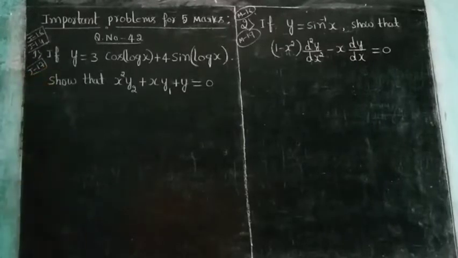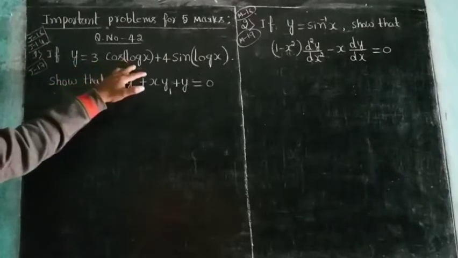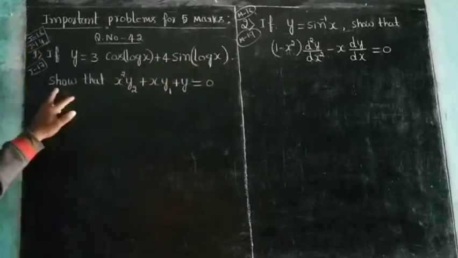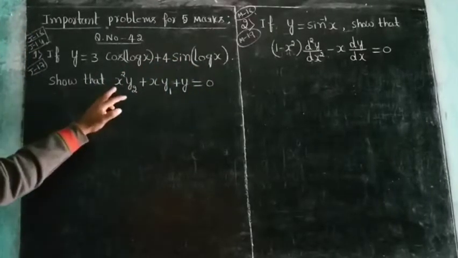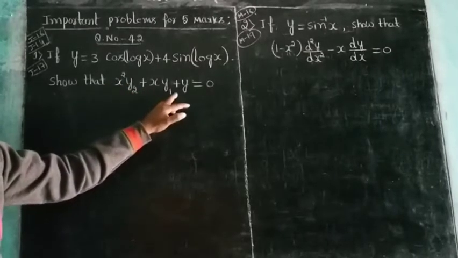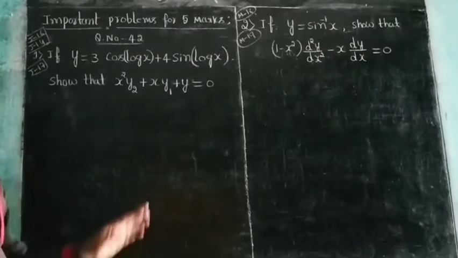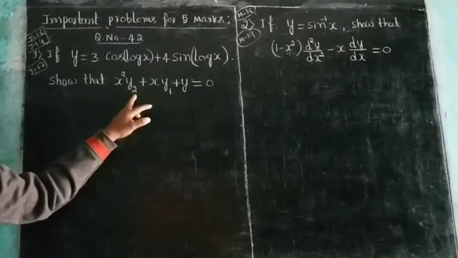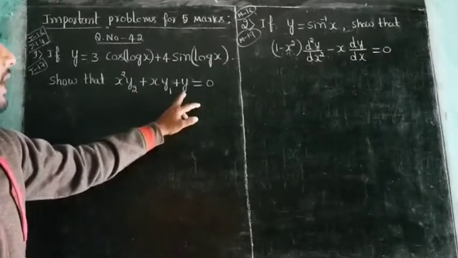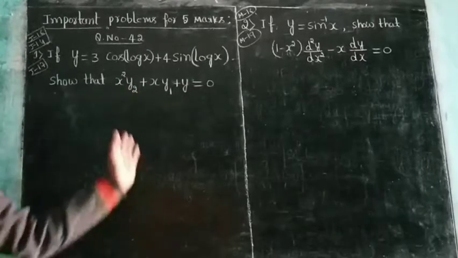The problem is: if y is equal to 3 cos of log x plus 4 sin of log x, show that x square y2 plus x y1 plus y is equal to 0. Here y, y1, y2 are nothing but derivatives. y is a function, y1 is the derivative of y, y2 is the derivative of y1.